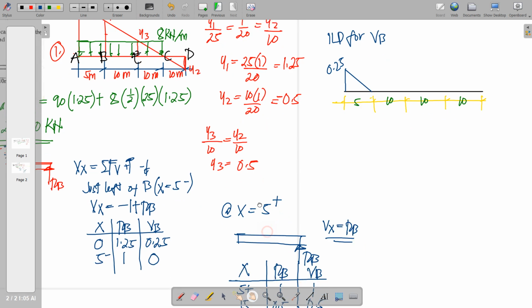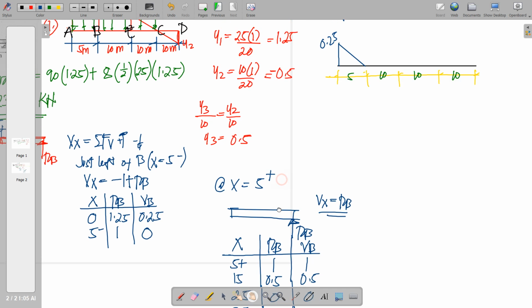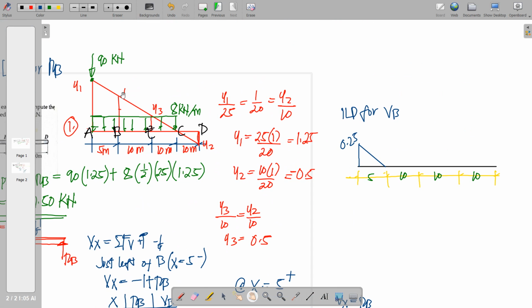And then at 5 plus, when X is exceeding 5, your shear will become 1. Or in short, you just have to copy this ILD.